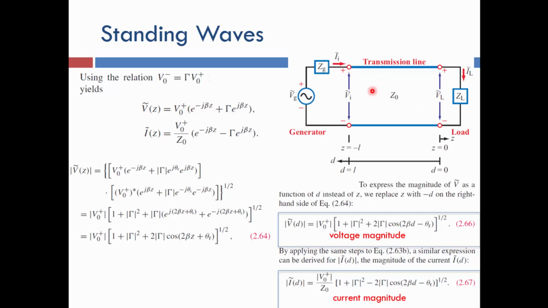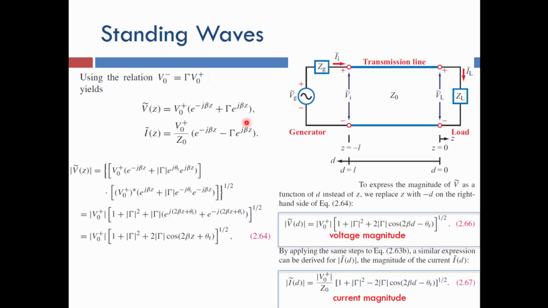According to this superimposition between the two components, the wave along the transmission line will look like a standing wave, or what we call a stationary wave, resulting from the interference between the two components.